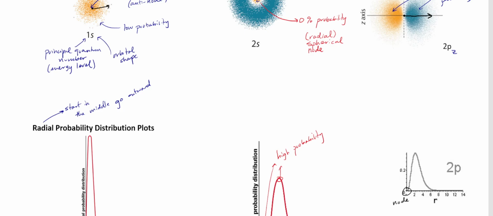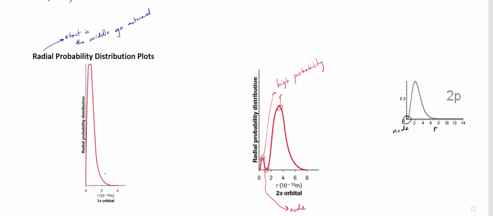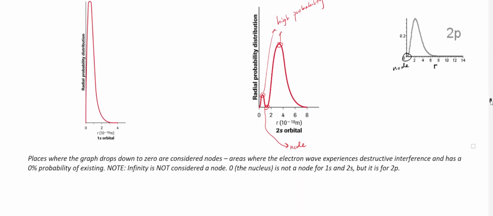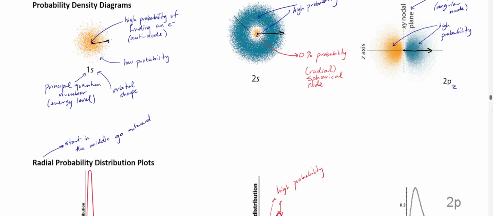So for the 2p orbital, there is a node at 0, okay? Whereas for the 1s and 2s, there's no node here. The reason why it starts at 0 is because it is at the nucleus. So that covers radial distribution diagrams and also probability density diagrams for atomic orbitals.